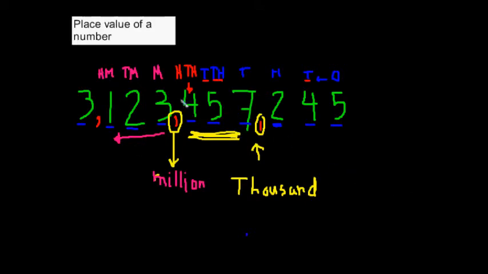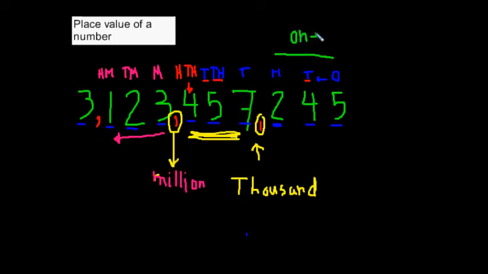Now, why is this tens, 10 million and 100 million? Why is this 100,000, 10,000, thousands? Let's see something. Here we have the numbers. All these numbers are called ones. Why?